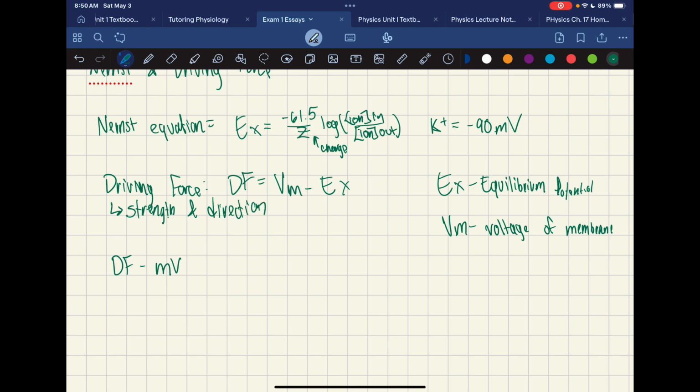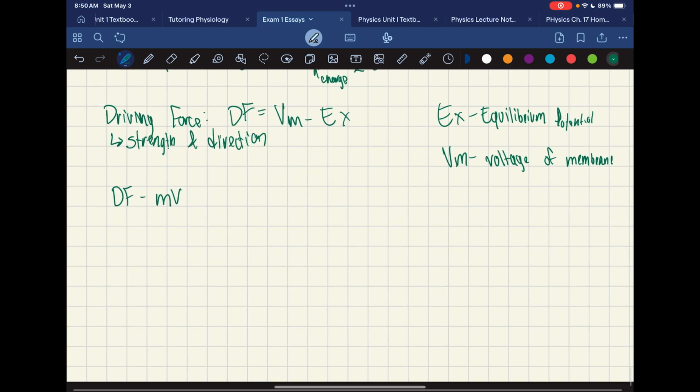So, for example, if we're talking about a positive ion, right, and the driving force we calculate is greater than 0. So let's just say the driving force here is greater than 0.